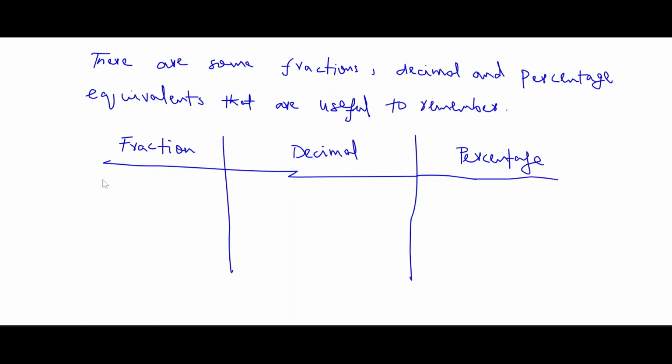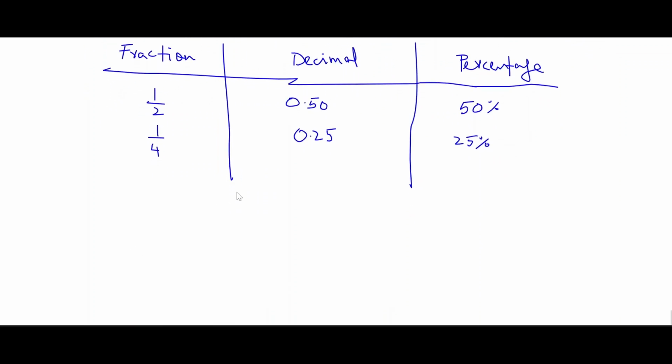They are equivalent. Like 1 by 2, it's 0.50, or 50%. Or 1 by 4, it's similar to 0.25, or 25%. Same with some others. 3 by 4, 0.75.